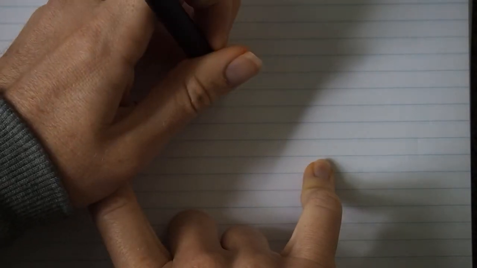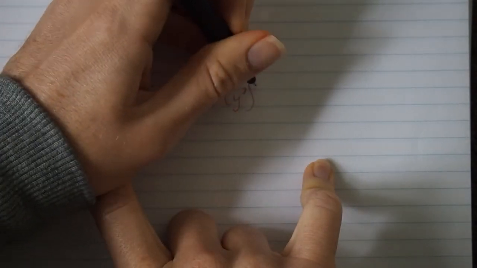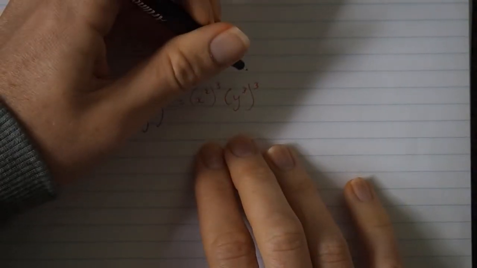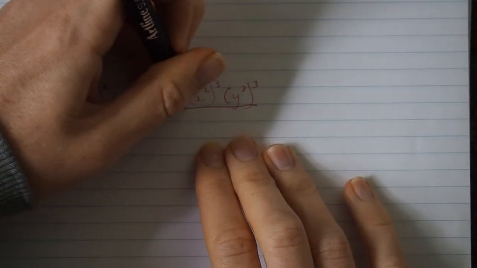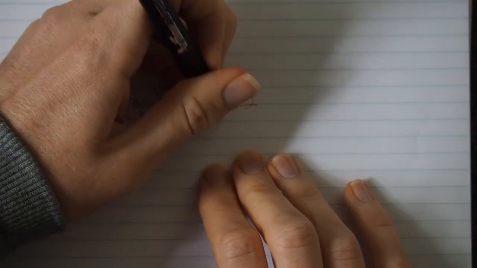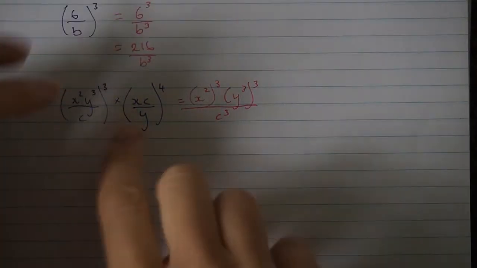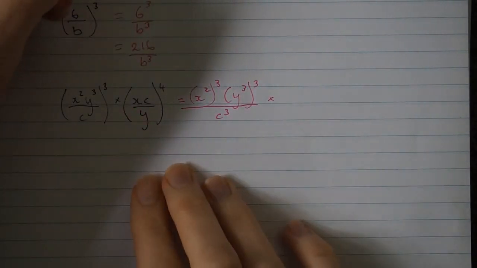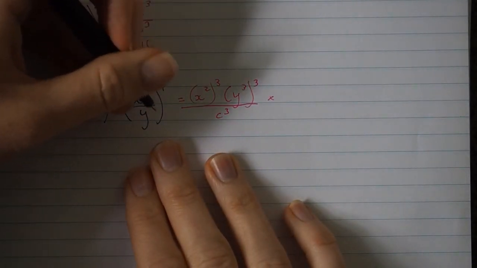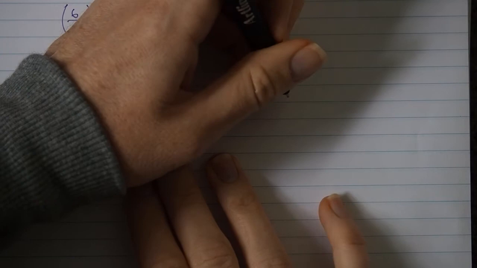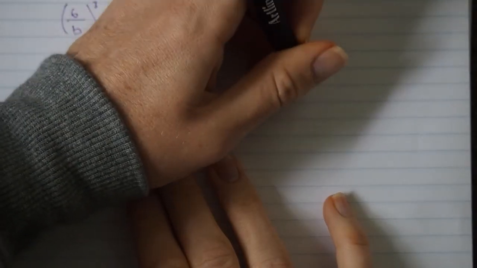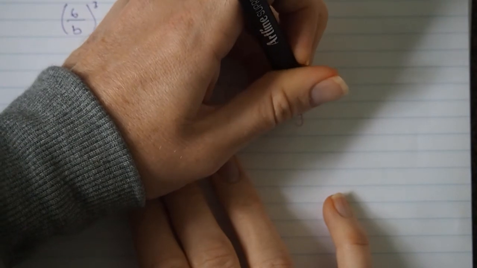And then I've got y to the power of 3 also to the power of 3, okay, all over c to the power of 3 as well, okay. So that's my first set of brackets, and then I'm multiplying that by xc over y all to the power of 4, which separating gives x to the power of 4, c to the power of 4 over y to the power of 4.